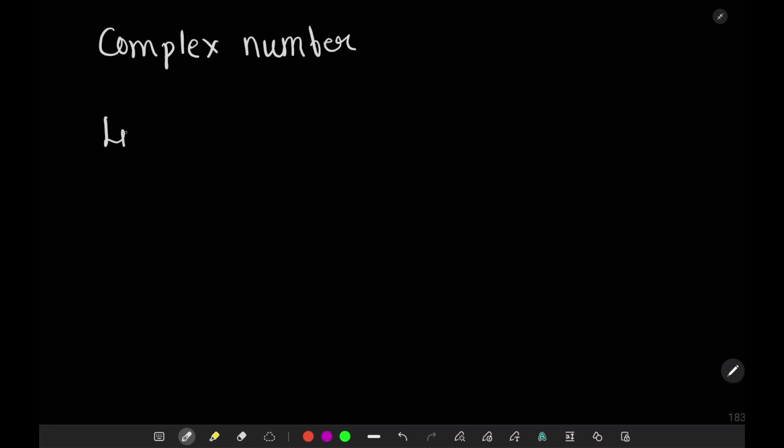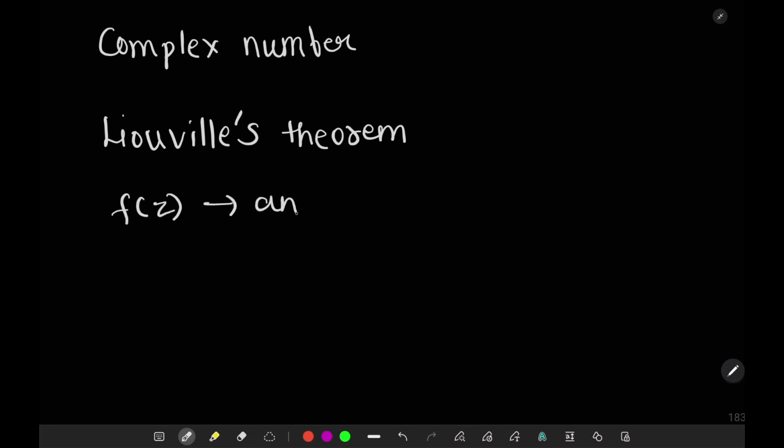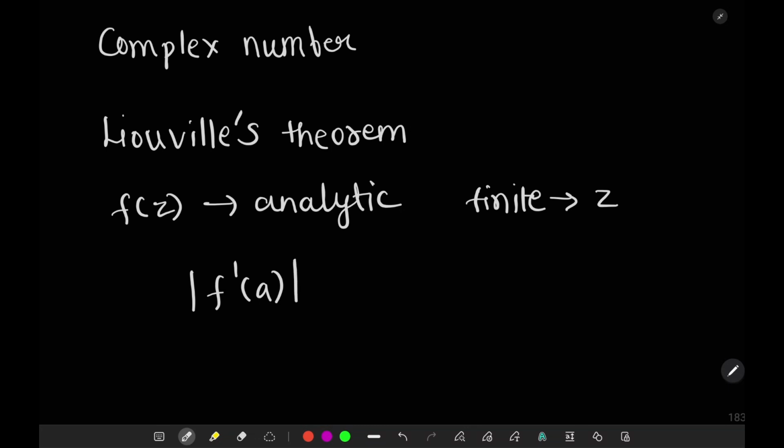This video starts with Liouville's theorem. If a function f(z) is analytic for all finite values of z and is bounded, then |f'(a)| is less than or equal to M by r.